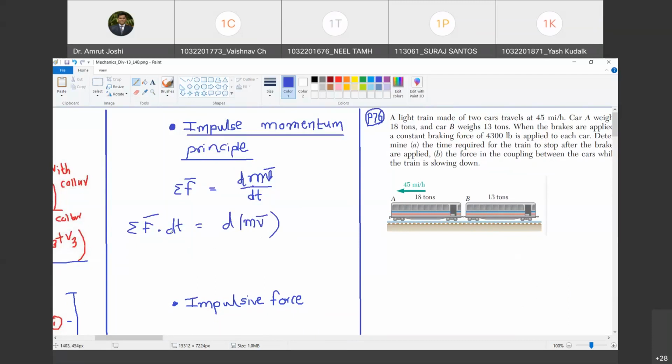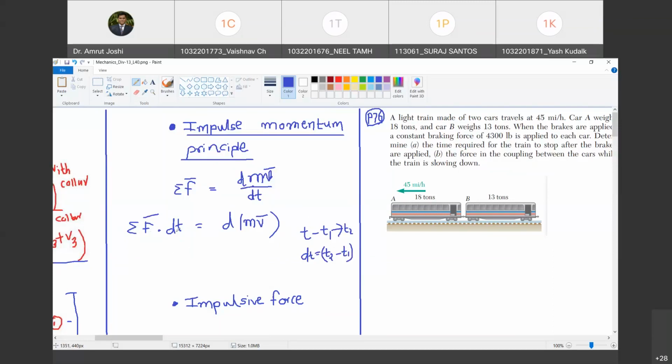Now, let us say that this dt is t2 minus t1. So that means you are writing down this principle from time t equal to t1 to t2. Are you with me? Yes, sir. So then dt becomes equal to t2 minus t1. Happy? Yes, sir.